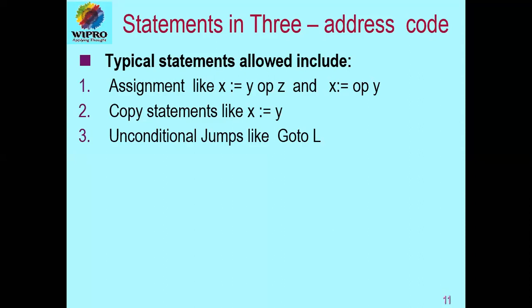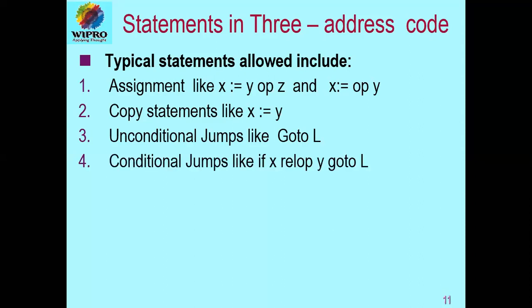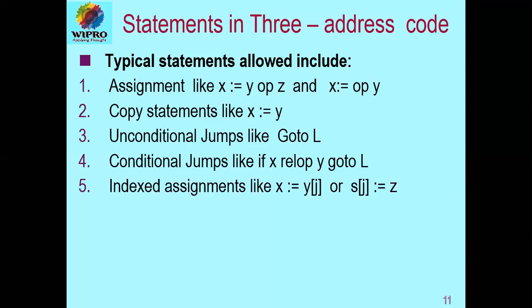Jump statements, go to L, can be represented. Conditional jumps can also be represented, something like x relational operation y, go to L. Index assignments, that is, an array element value assigned to a variable, can also be represented, and the other way around can also be represented.